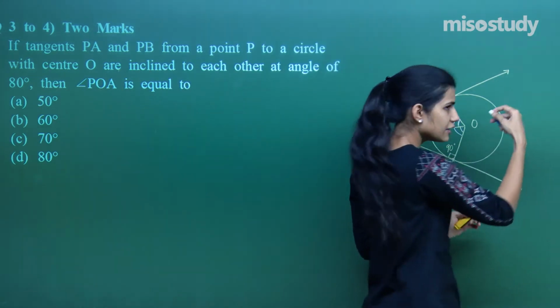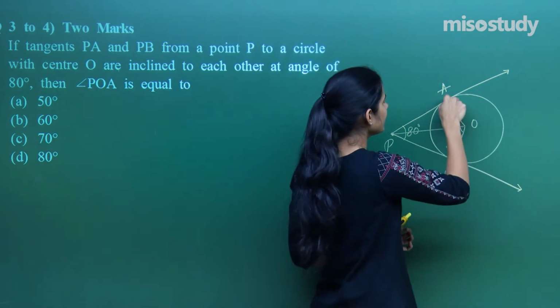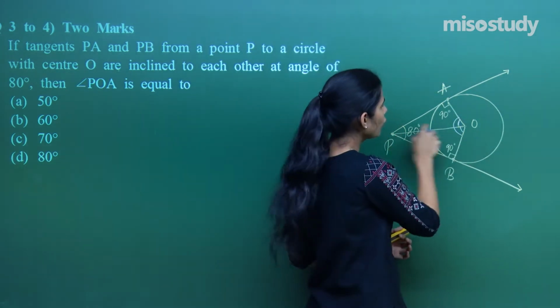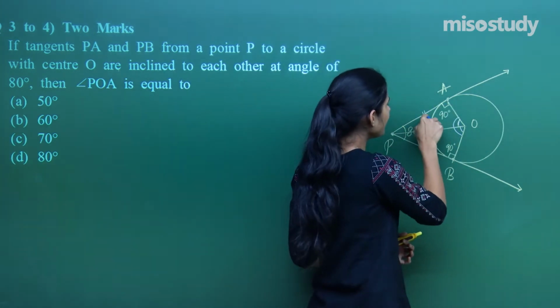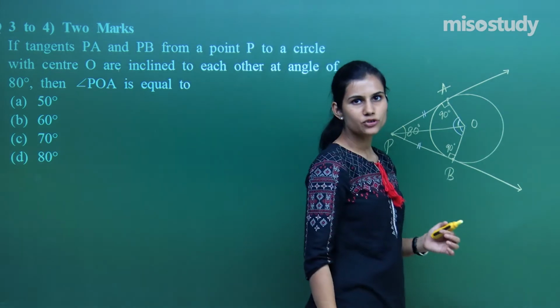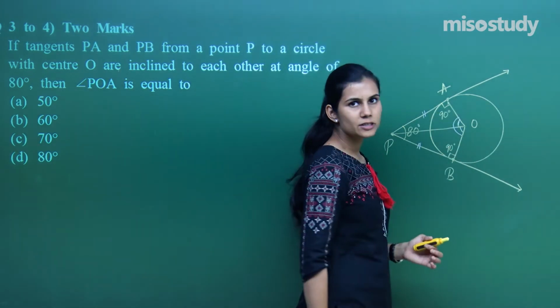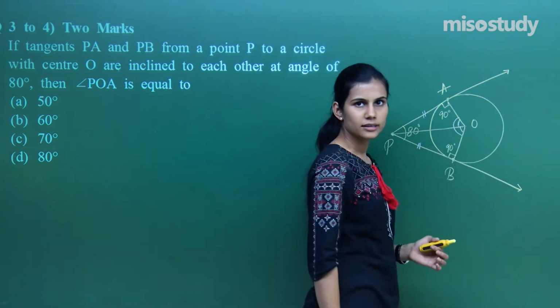So we have this, and if you are not able to recall it, you can very easily prove in triangle POA and in triangle POB, you know that PO is equal to PO, that is common. PA is equal to PB. Why? Because the length of the tangents drawn from an external point are equal, and this is 90 degrees, this is 90 degrees. So by RHS congruence condition, you have this angle is equal to this angle, right?